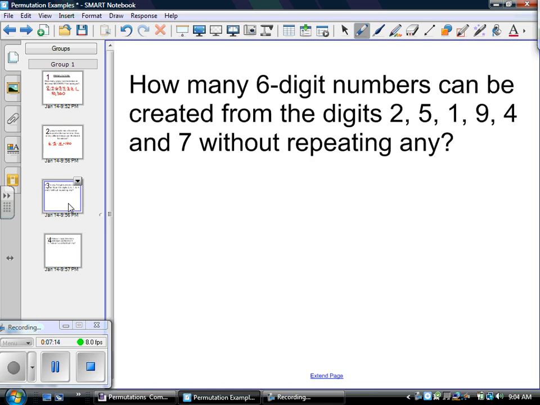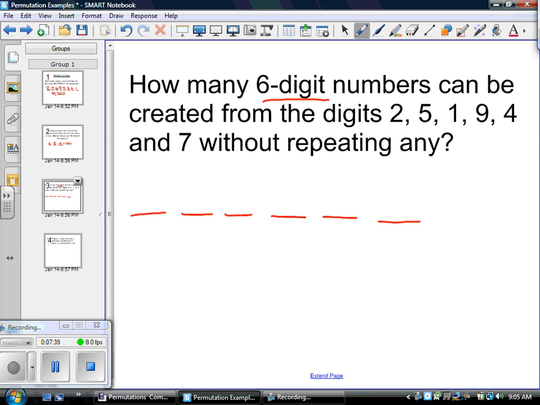In this problem, we want to know how many 6-digit numbers can be created from the digits 2, 5, 1, 9, 4, and 7 without repeating any. So we do have to be careful with that. If there is repetition or not repetition allowed, that will affect our setup of our problem. In this case, we have 6-digit numbers we want to create, so we're going to have 6 positions we are going to fill.